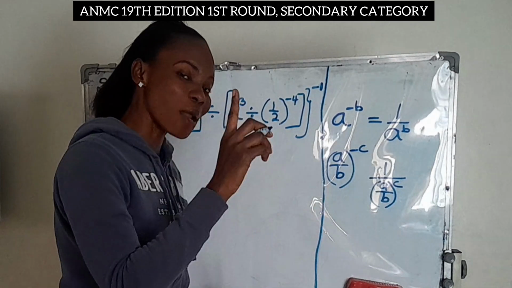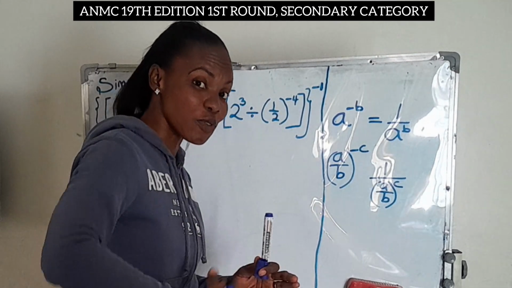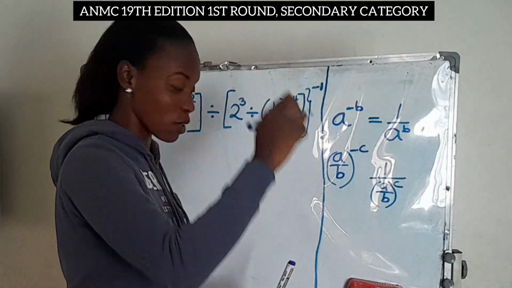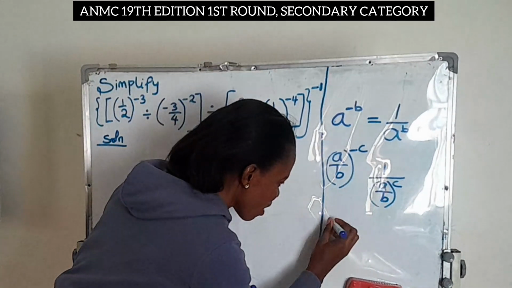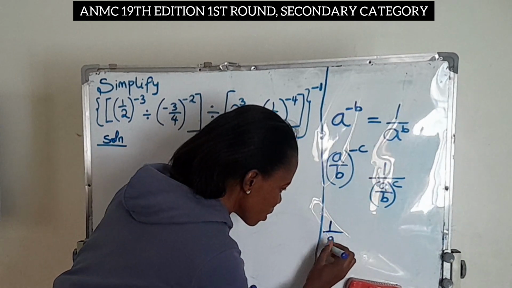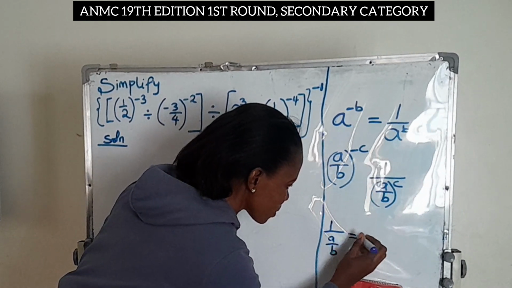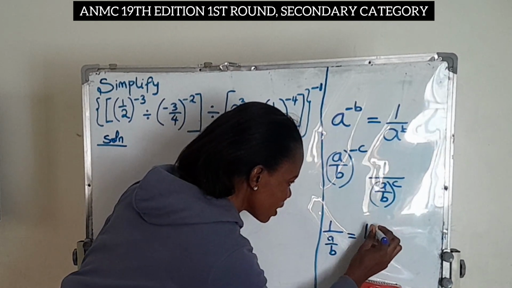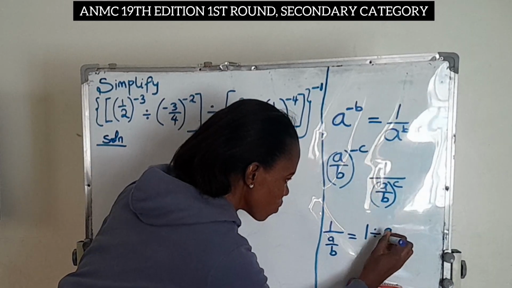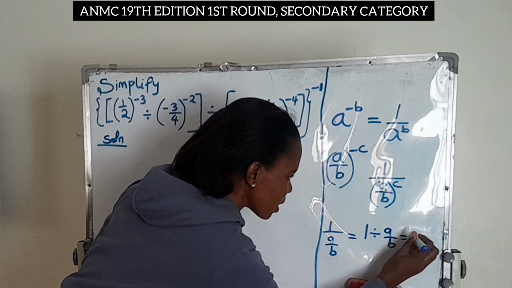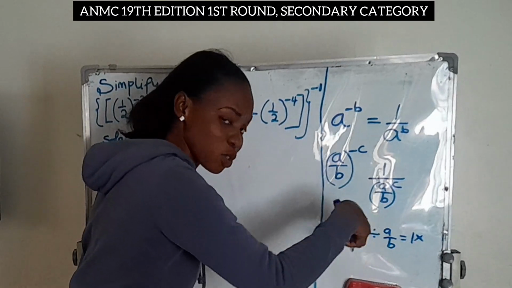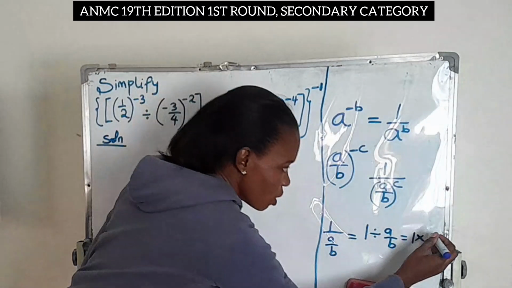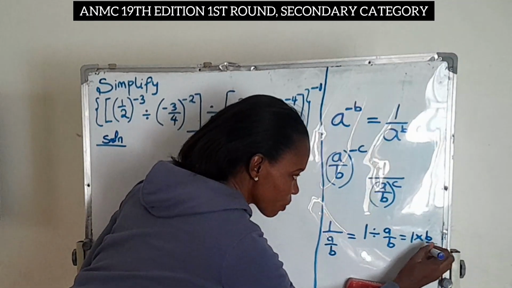When you have 1 over a fraction, it will give you the reciprocal of the fraction. You turn the fraction. How am I sure that this thing is true? Okay, let me see. If I have 1 over a over b, it's the same thing as saying 1 divided by a over b, which is the same thing as 1 times, remember the law of division of fractions, you turn it, you have b over a.